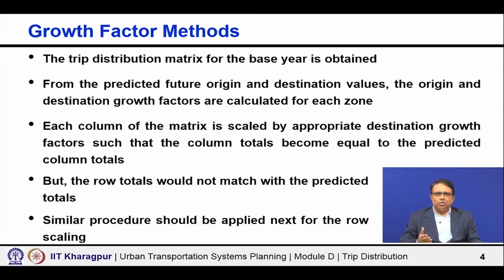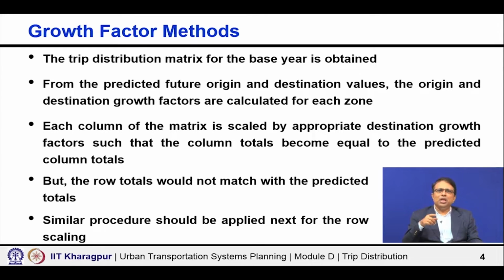Then each column of the matrix is scaled by the appropriate destination growth factor such that the column totals become equal to the predicted column totals. So the columns will match perfectly, but the row totals would not match the predicted totals as usual.